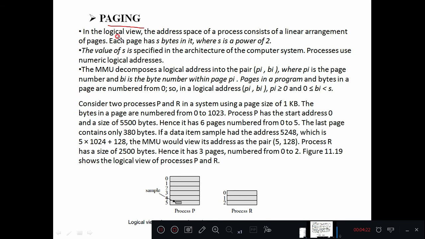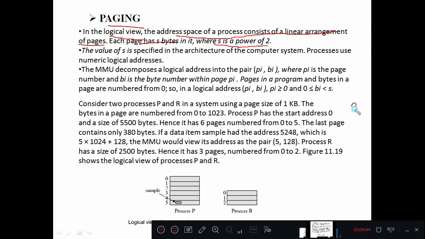Next is paging. In the logical view, the address space of a process consists of a linear arrangement of pages, right? So here the entire process space is divided into a number of pages. Each page has s bytes in it, where s is a power of 2, right?